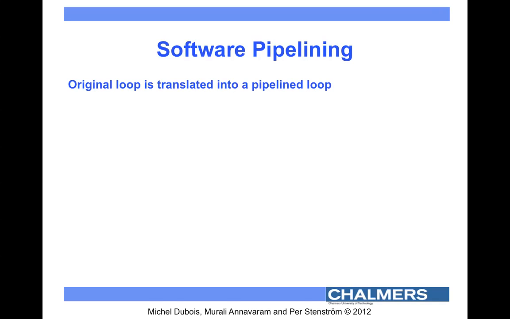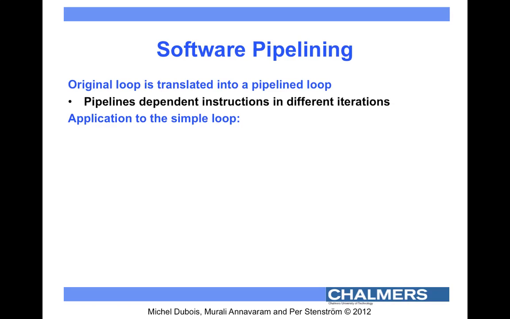What we try to do here is to transform the original loop so that we create loop iterations in a different fashion, so as to increase the distance between dependent instructions. So we form new iterations by plucking, you could say, instructions from different iterations in the original loop.